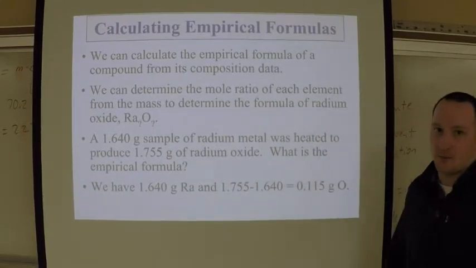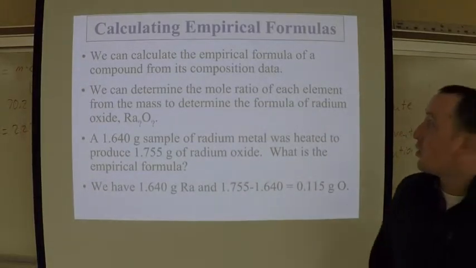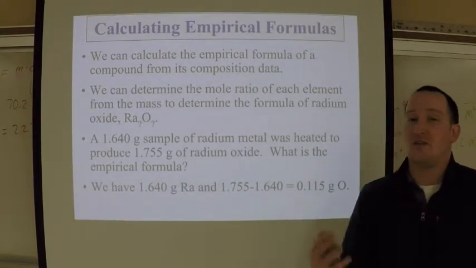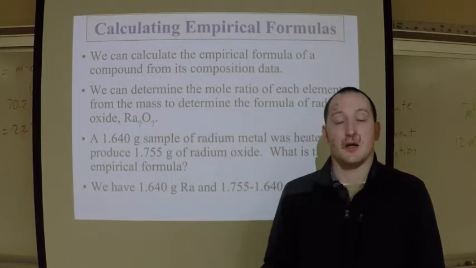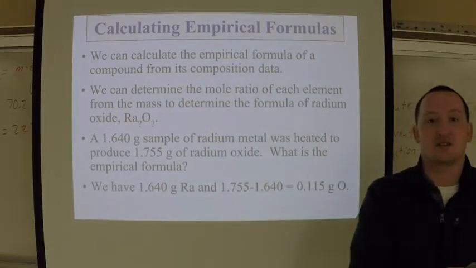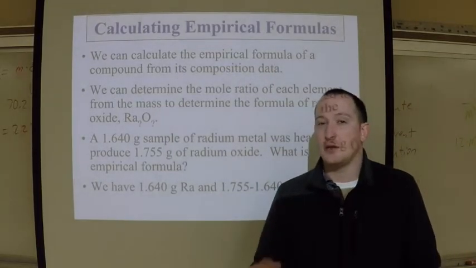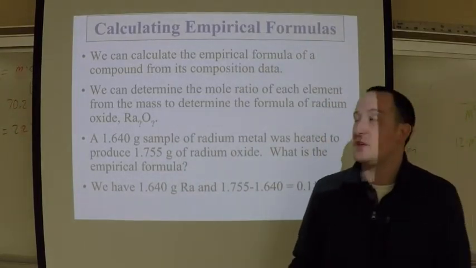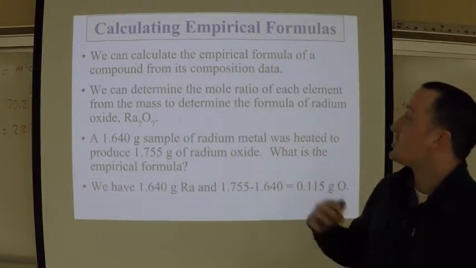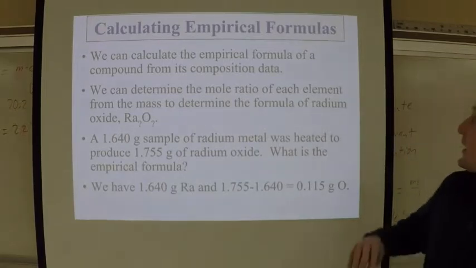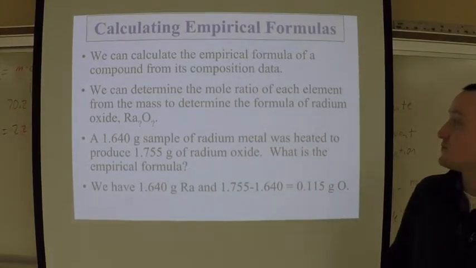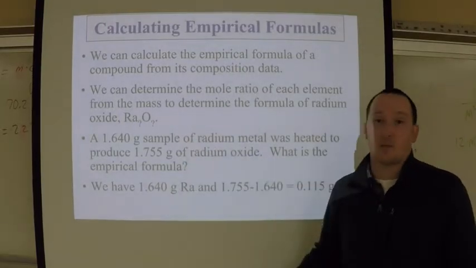Here's how we calculate empirical formula. We usually need to be given percent composition data, which is what we went over in our previous lesson. If you need to refresh on that, you can go back and watch that video. We can determine the mole ratio by having the mass data to find something like radium oxide.